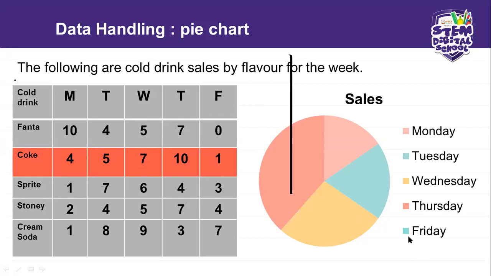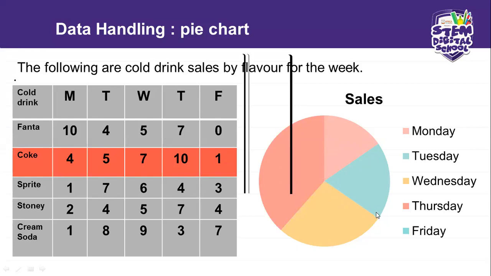Now comes an interesting one there on Friday. Our table tells us that on Friday, only one cool drink was sold. And if we look at our graph, it doesn't really show, but somewhere there is a tiny line, okay?